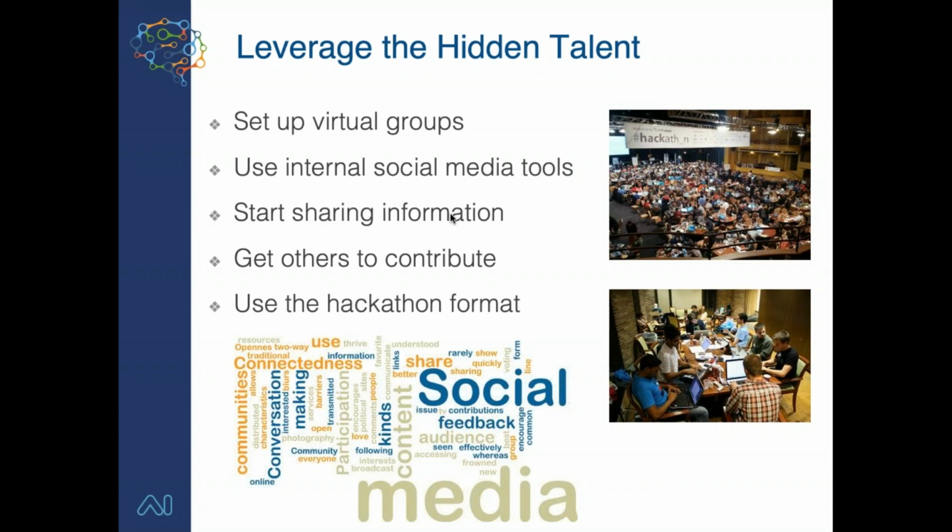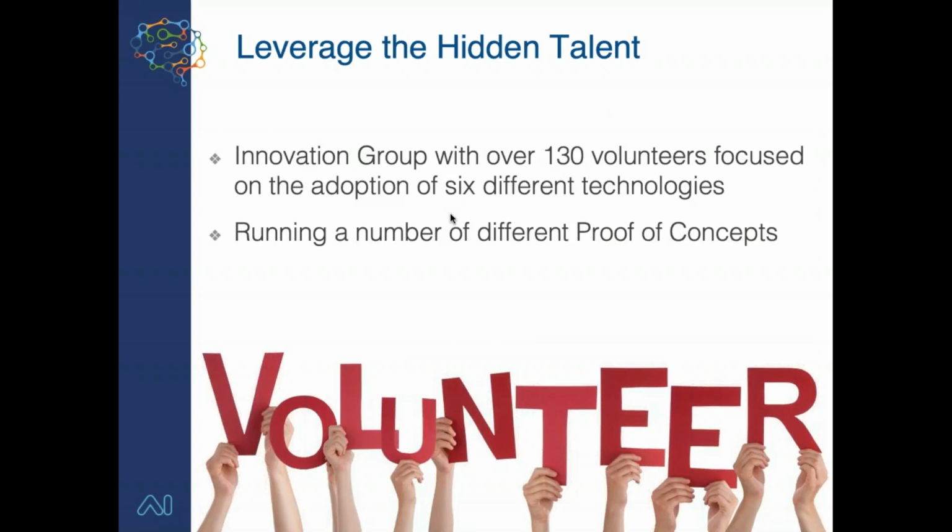So find those people that have either got a passion in the technology that the community is about, or have an ongoing interest in the technology. These are the passionate people that will really keep your community alive and really will want to get stuck in and start helping deliver things as well. So it's really key to leverage that hidden talent and to find that hidden talent across the organization.